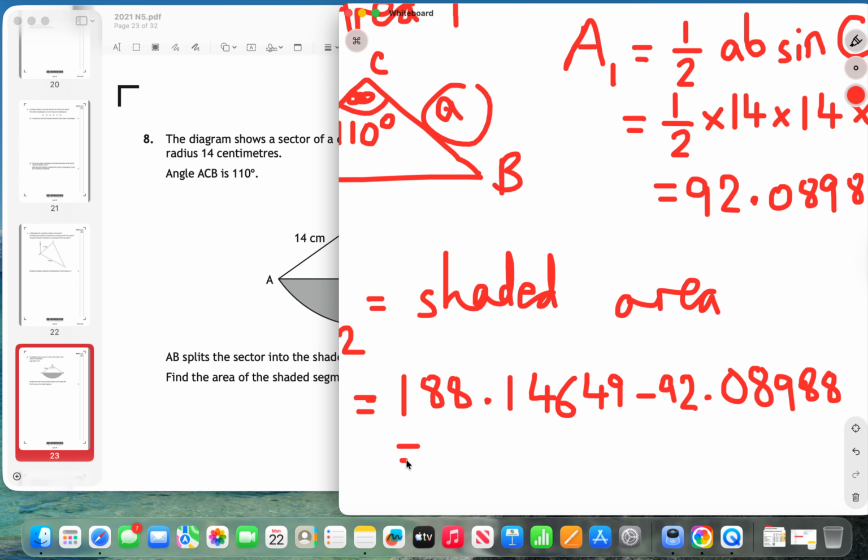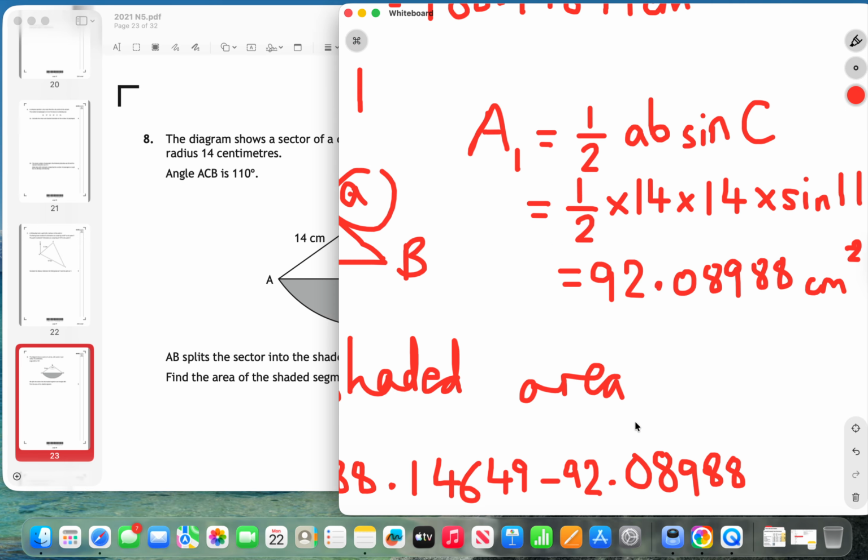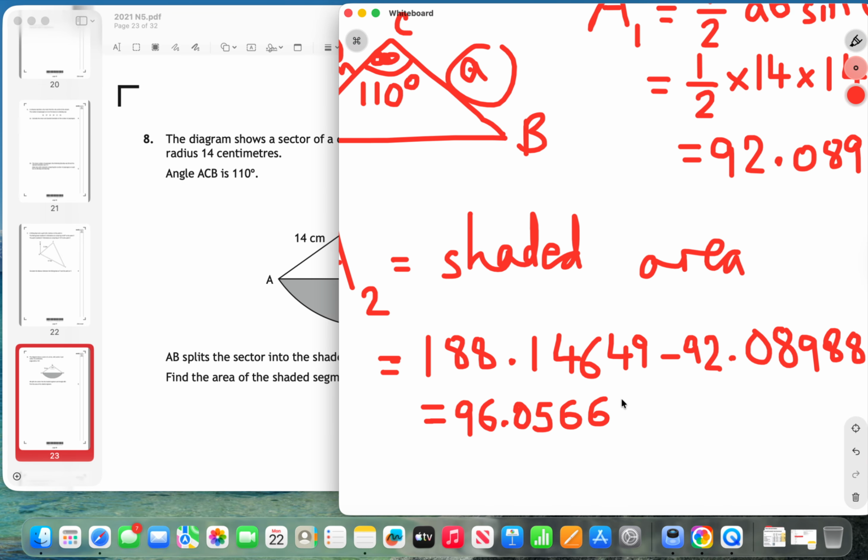Doing this on the calculator, I know this sum looks like quite the beast, but you do have a calculator, so it's not as bad as it looks. And the answer you get is 96.05661, and the units are centimetres squared, as always.